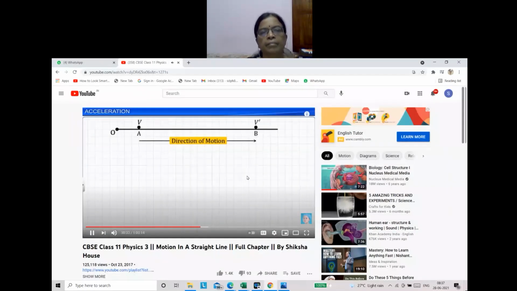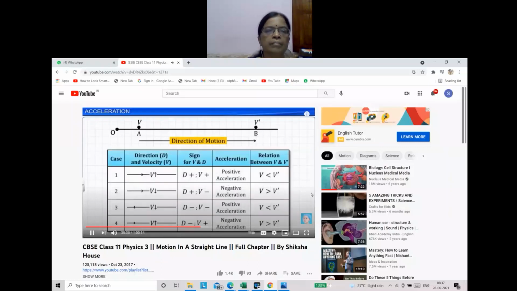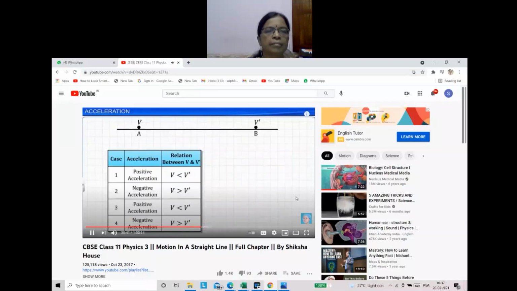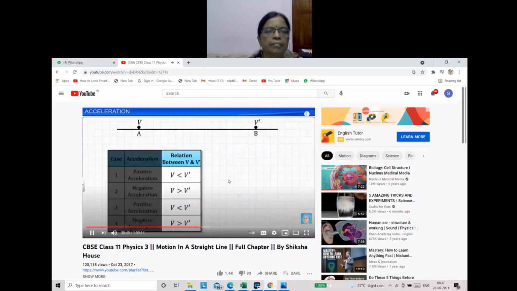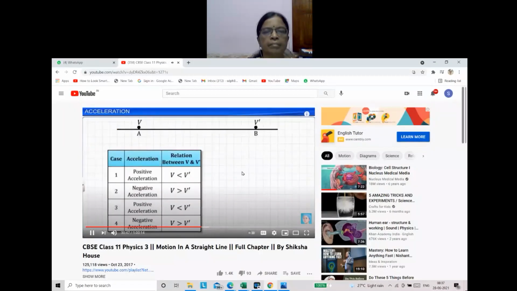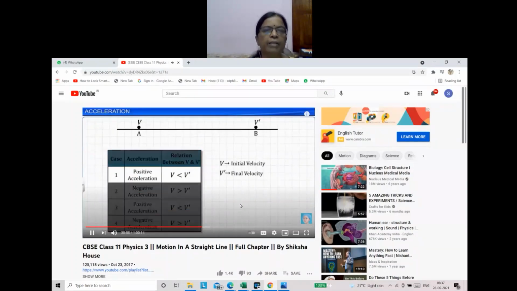If the origin and direction of motion are discarded, we are left with the type of acceleration and the relation between the velocities at 2 points. If V and V dash are taken as the initial and final velocities in any given problem, then if V is less than V dash, acceleration is positive. See, this is the sign convention we take when doing problems.